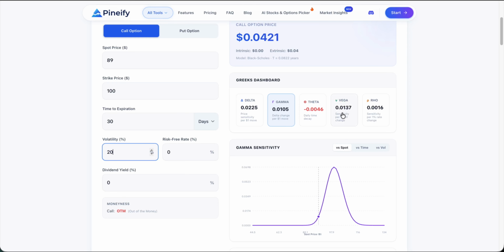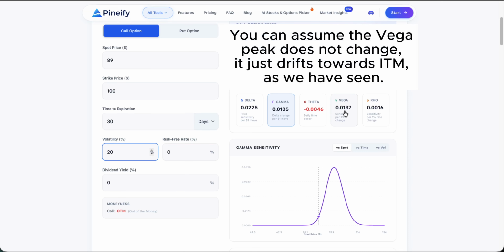The peak does not change, but the wings or the tails of the distribution of the graph of the gamma change. So the Vega also flattens because the peak comes down very, very slightly, or almost barely anything, almost nothing at all.